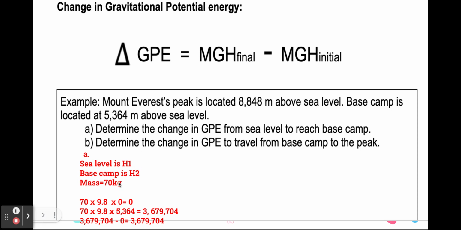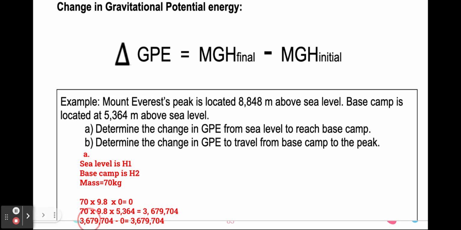Sea level is 0, so that would be 0. And then base camp is our height 2. So I calculated these out. I'm assuming an average person is 70 kilograms, so I just use 70 as your mass. So 70 times 9.8 times 0 is 0. 70 times 9.8 times our second height, which is 5,364, that's base camp, equals 3,679,704.